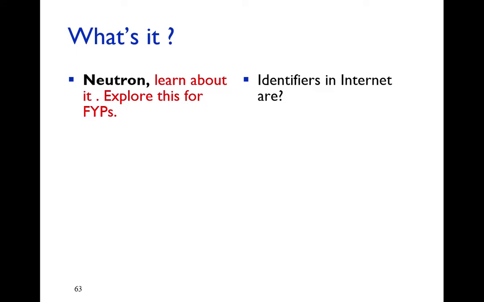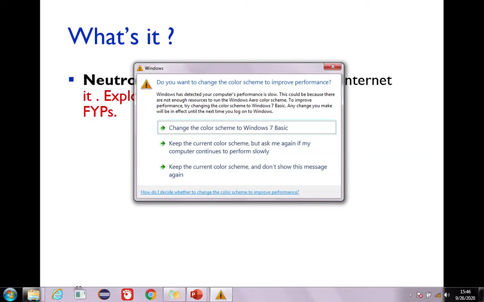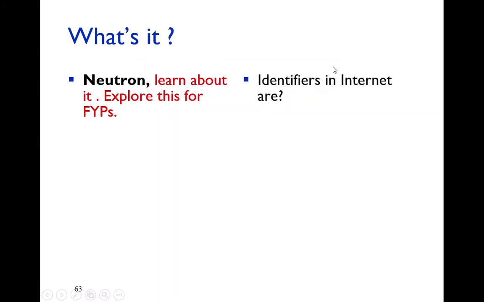So first of all, what is DNS? As we know, what are the identifiers in the internet, that is, how is an application or a system identified? We have discussed in this course that the IP address and port number are used as identifiers. The IP address is used to identify the system: the source machine, the destination machine, and the routers.